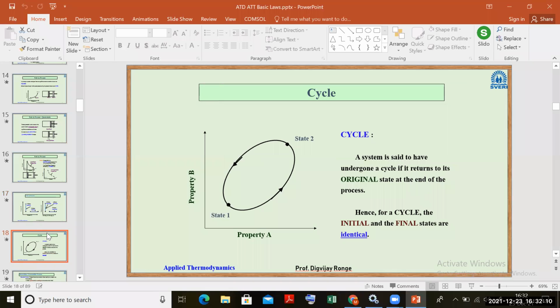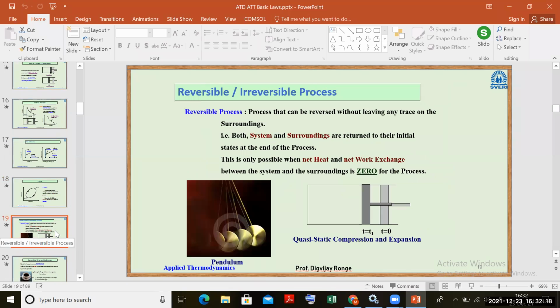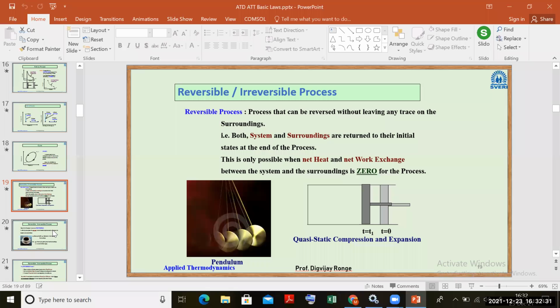Cycle means the initial and final states are the same, but the path can be different. And then we have just started reversible and irreversible processes. In the next lecture, again, I will give you more examples. So with this, we'll stop here today.